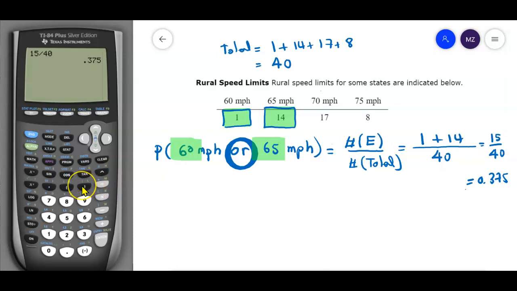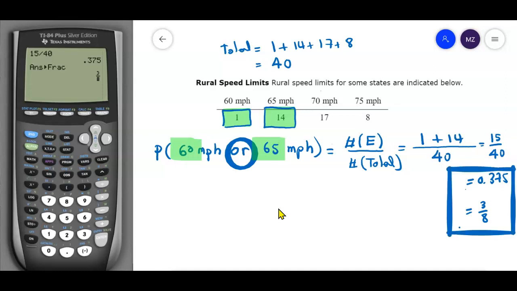If they ask you only for fractions, you can go to math, take any decimal, and convert it to a fraction. Enter and enter, and you get 3 over 8. That's the simplified format, 3 over 8. So either one of these two entries could be correct.